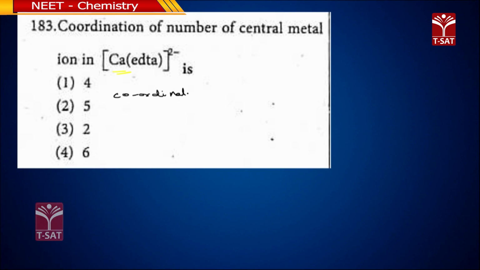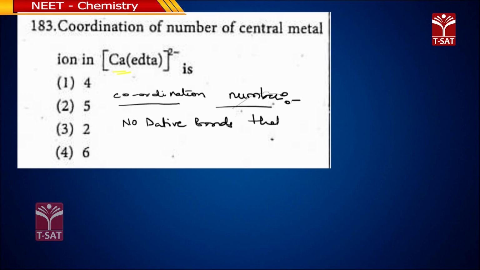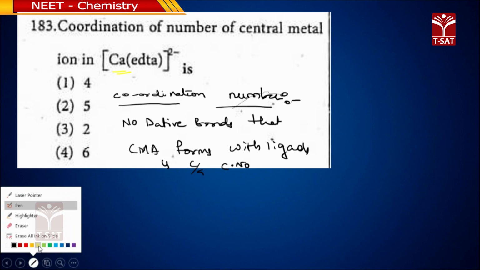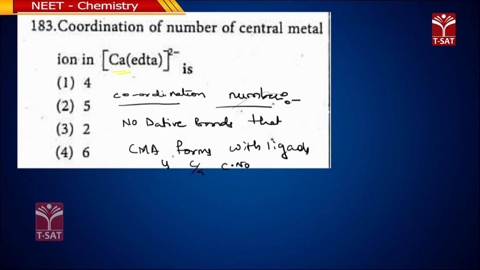The number of dative bonds that the central metal atom forms with ligands is called the coordination number. Here, how many dative bonds can calcium form?